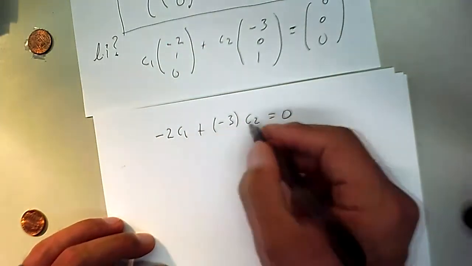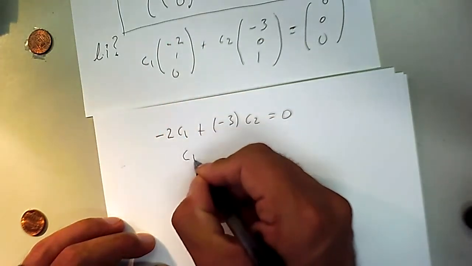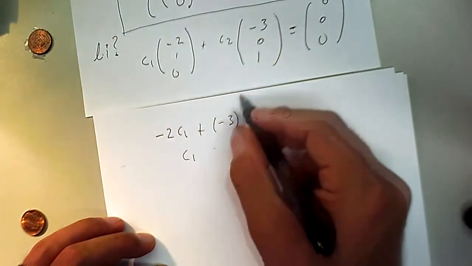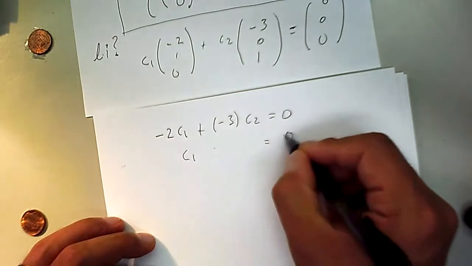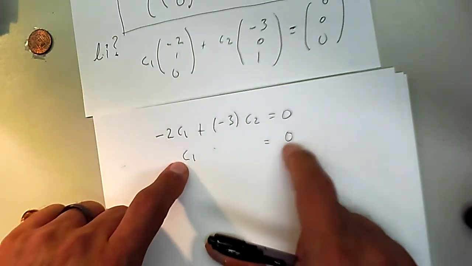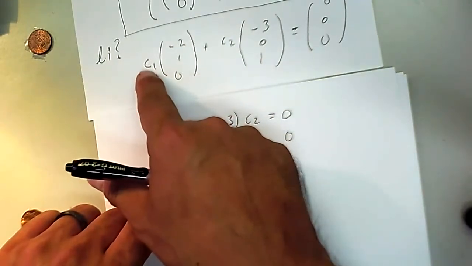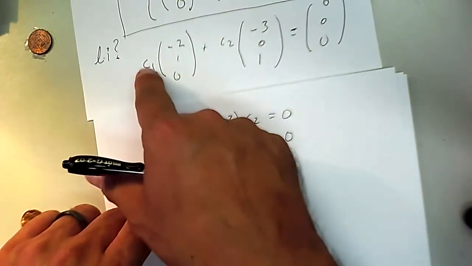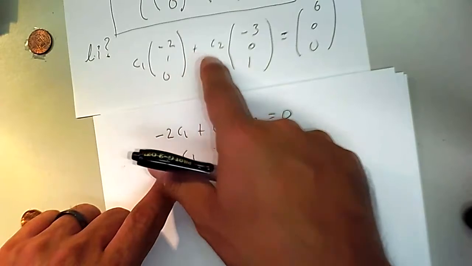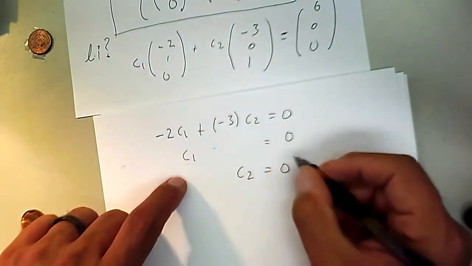But then on the second line, we have C1 times 1 plus nothing equals 0. That's already progress. That tells us that C1 has to be 0. And on the third line of this equation, we have 0 times C1 is 0, plus 1 times C2 equals 0.